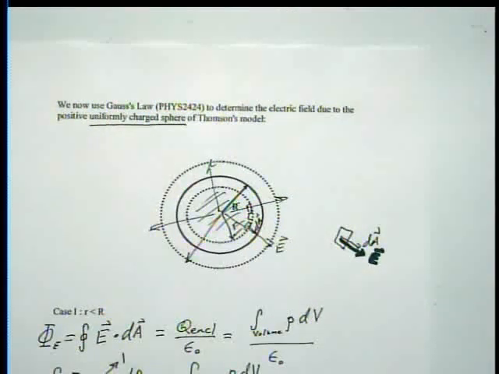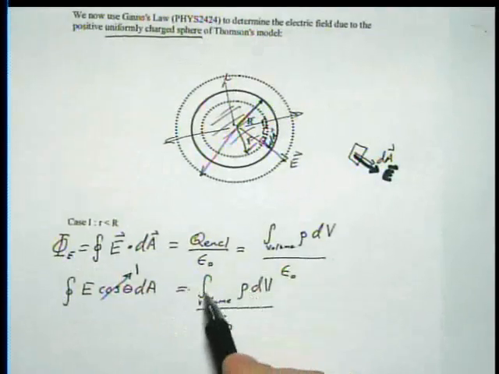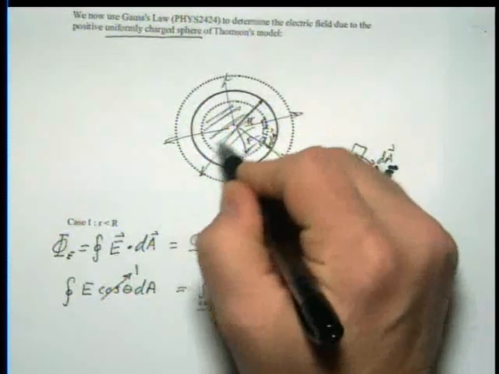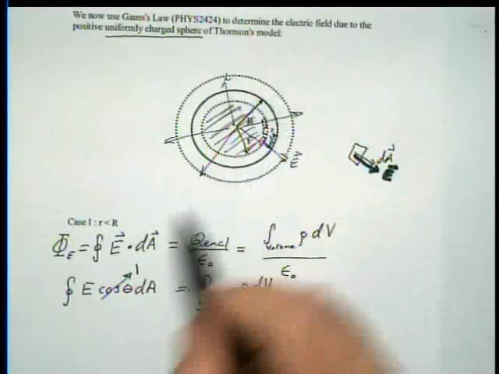What does that tell you about rho? Charge density. It's constant. What do you do with constant? Pull it out. So we can pull this rho out with the integral dV, which is the volume, but only the volume that's been hatched inside of here, not the total volume of the atom.